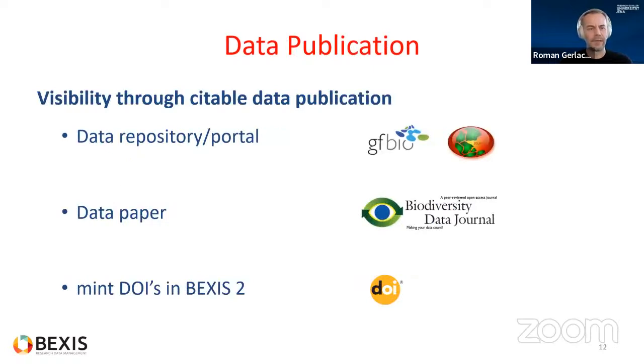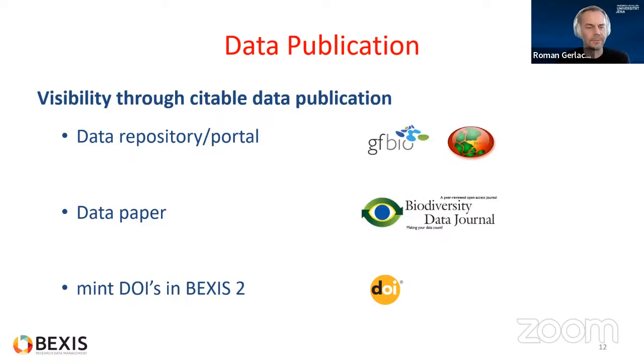In terms of data publication, of course, and this is highly requested by many researchers in the projects we work with, we would like to have visibility for those data sets that have been made public. It is possible to use BEXIS as a publication platform, but we also have some collaboration, for example, with the GeoBio Association, and also with the Biodiversity Data Journal.